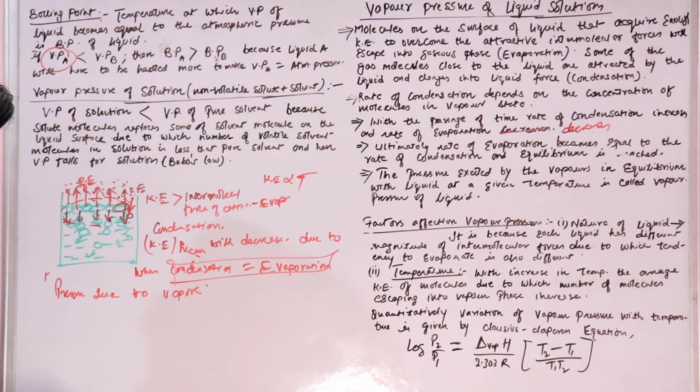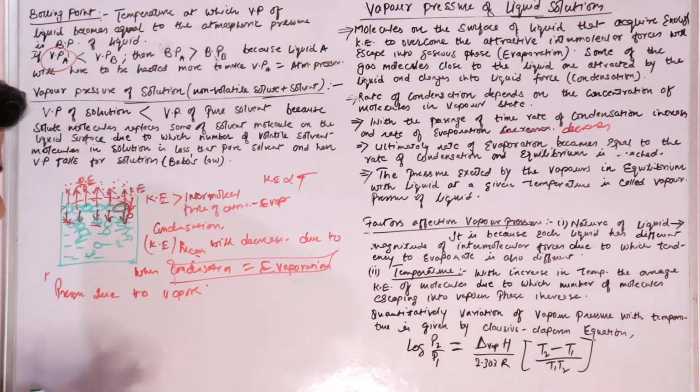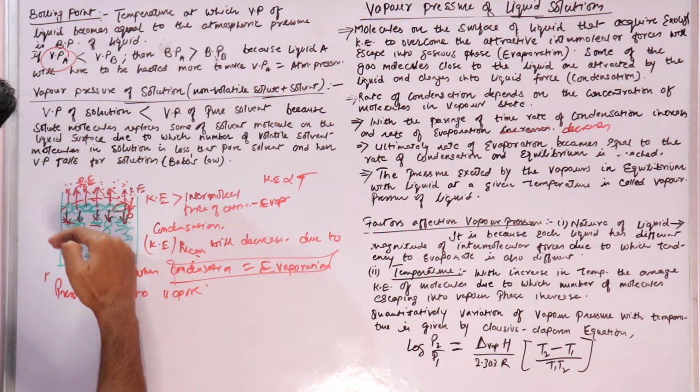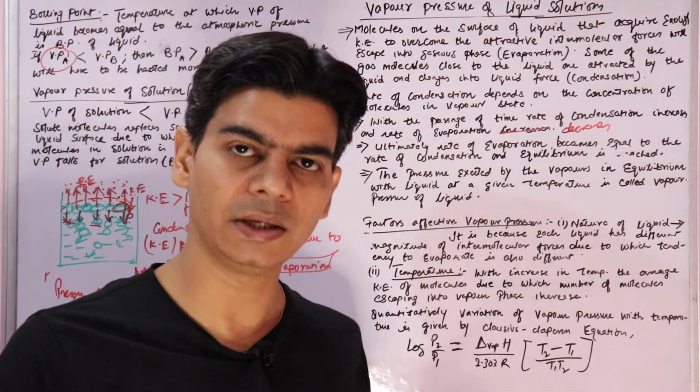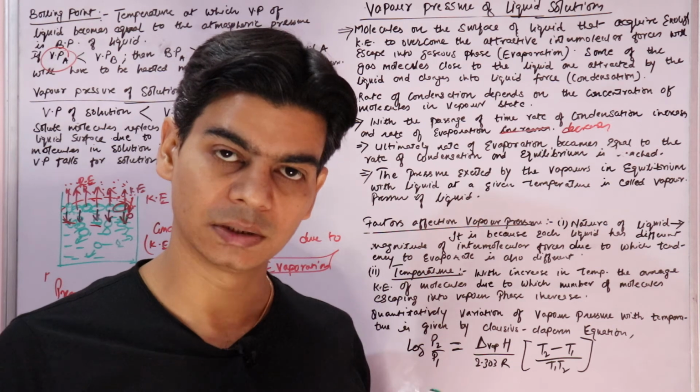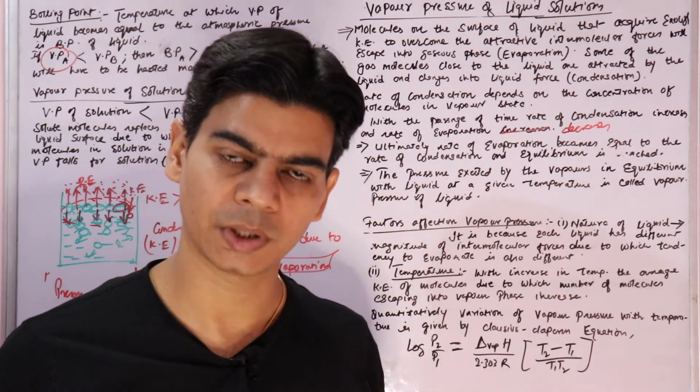Suppose a liquid has lower vapor pressure, or we say suppose a liquid has high intermolecular force of attraction. That means fewer liquid molecules will enter into the vapor phase, right?